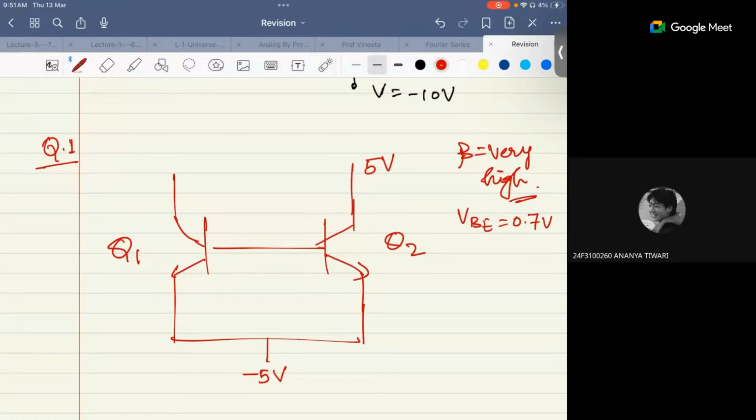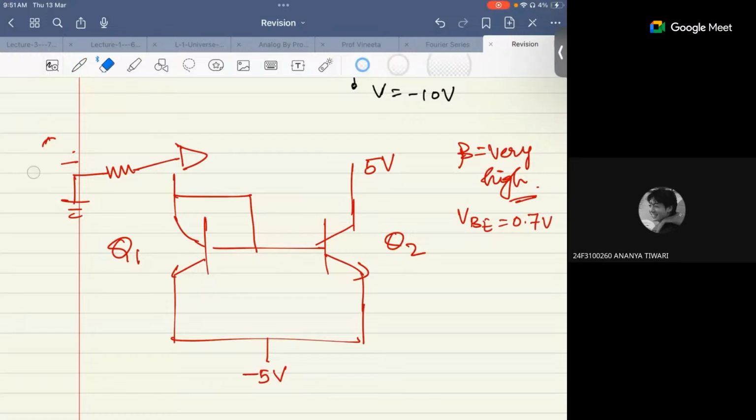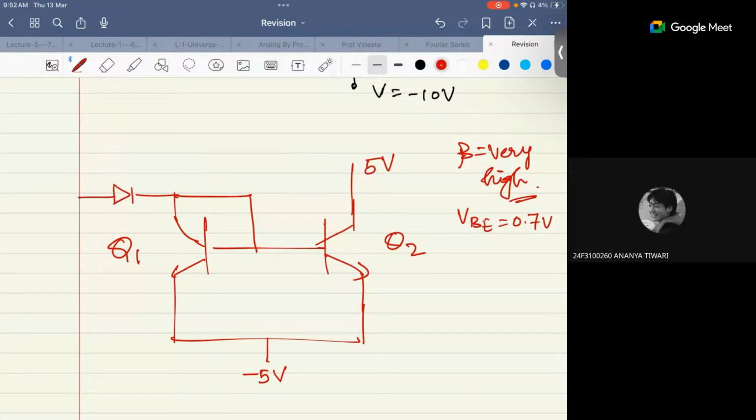Let's connect a diode here. So a resistance of 1 kilo ohm, and a diode has been given to you.